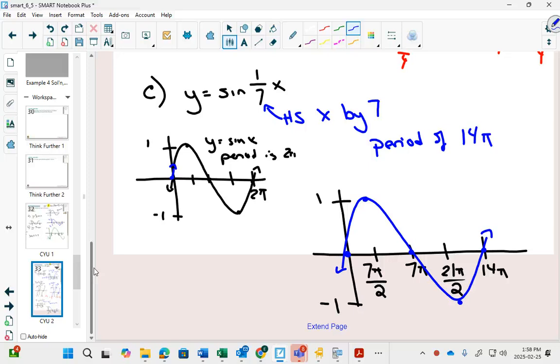Because you don't have to label any points. As long as your x-axis and your y-axis is labeled, you can just go for sine, center line to maximum, to center line, to minimum, to center line. Cosine would be start at a maximum, and then maximum, center line, minimum, center line, maximum. And since it's periodic, it'll just keep alternating like that.